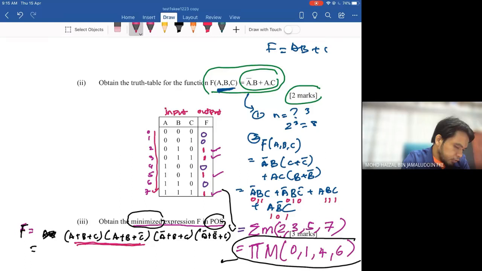A and B are the same without bar. The only change is the C and C bar. So here you can shorten it down into A plus B only.